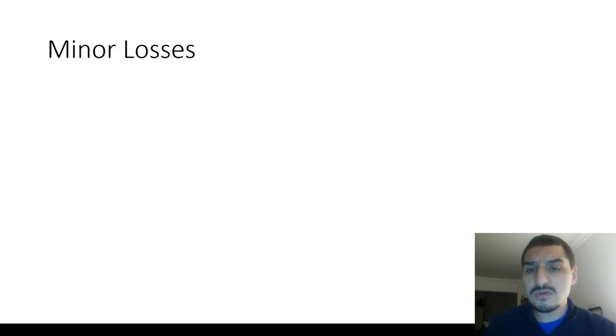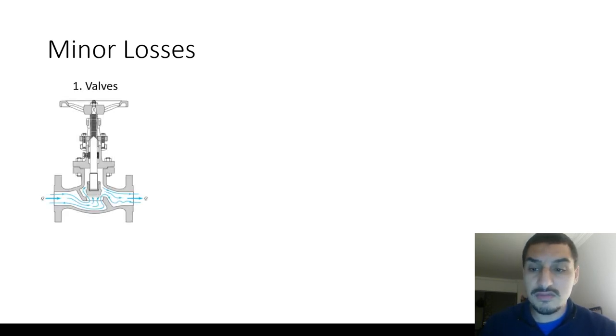So what can cause the minor losses? There are many sources of the losses. The first is the valves. And as you see here, the valve does change the direction of the flow, and there is a constriction here, and that's why a lot of loss is generated due to the flow in a valve.